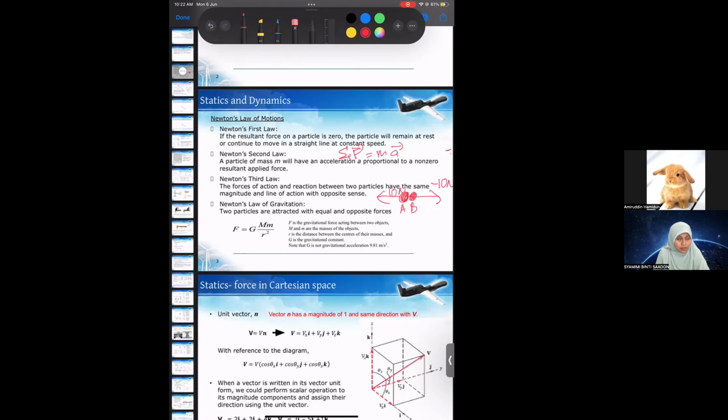This is what we apply with Newton's law for the propulsion of an aircraft engine. In order for an aircraft to propel, we need to have a reaction and action; here, this is the engine of the aircraft.